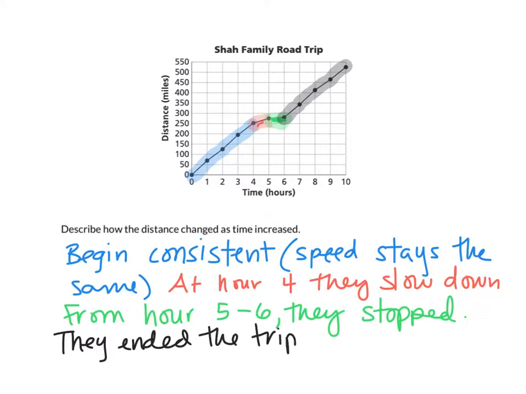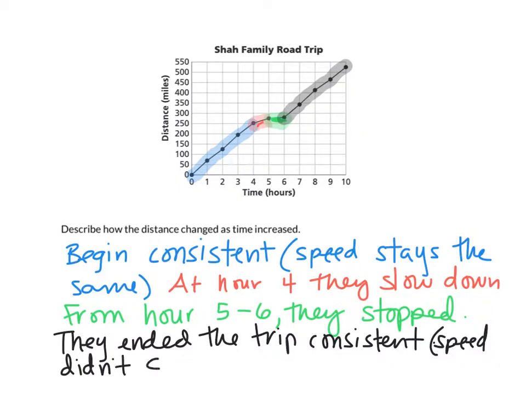So, meaning that the speed didn't change. Okay, so that would be how we could describe each part of this graph.